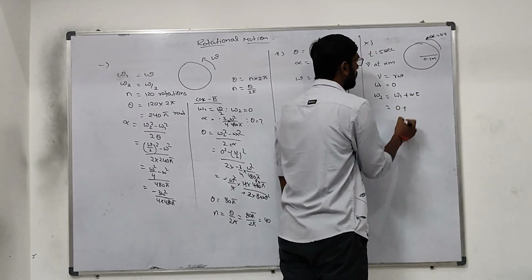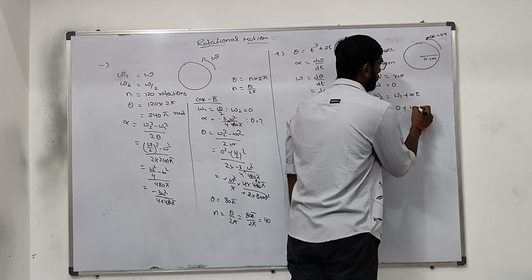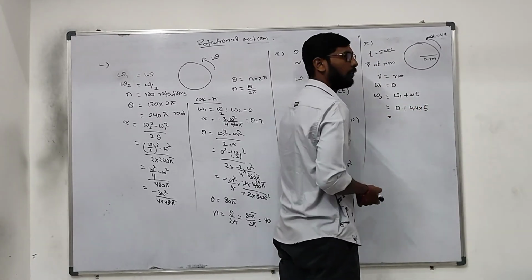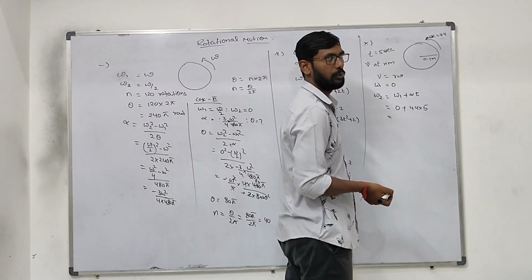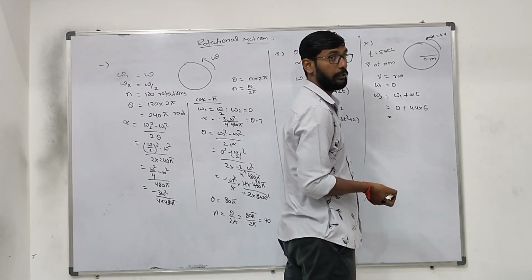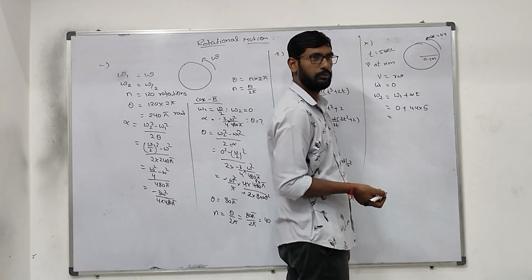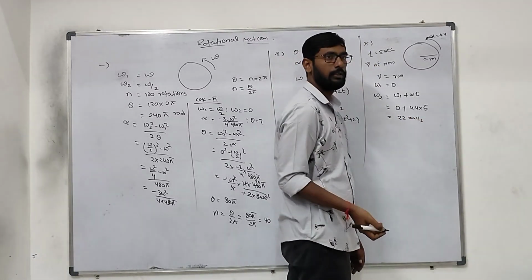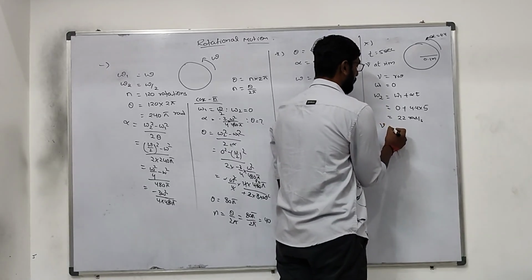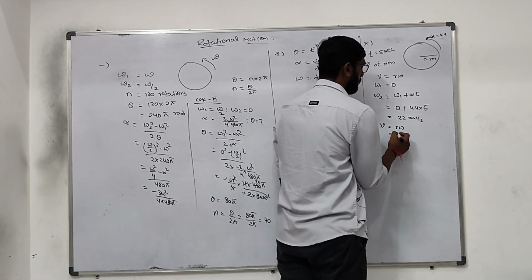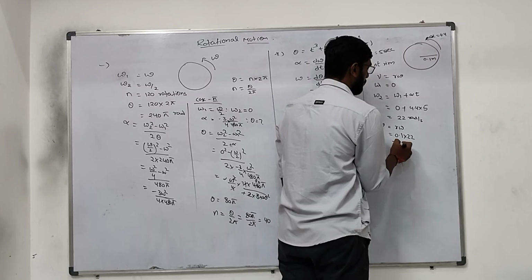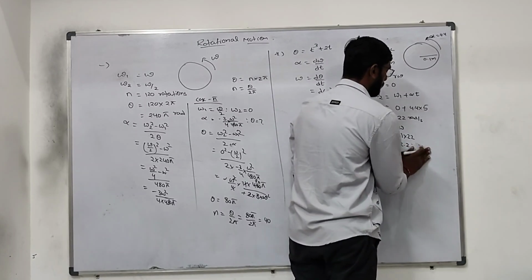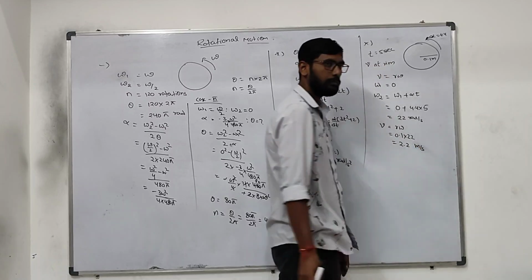Omega 1 is 0, alpha is 4.4, t is 5 seconds. So 4.4 into 5 is 22 radian per second. But we need V. V equals to R omega, R is 0.1 into 22, that is 2.2, sorry, meter per second.